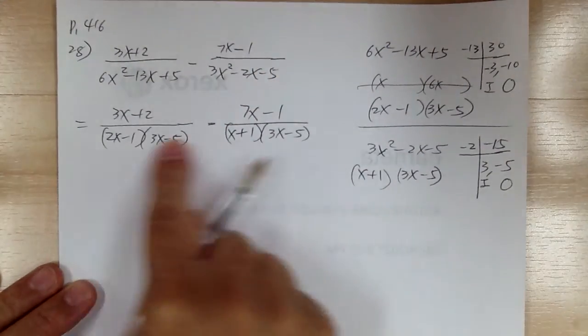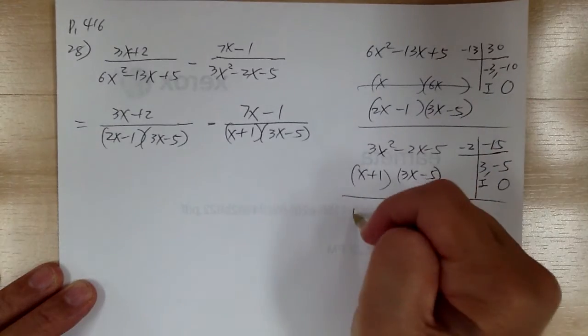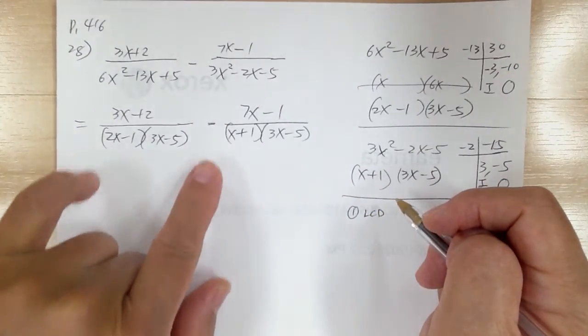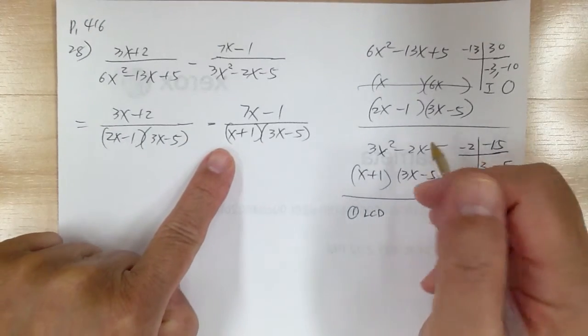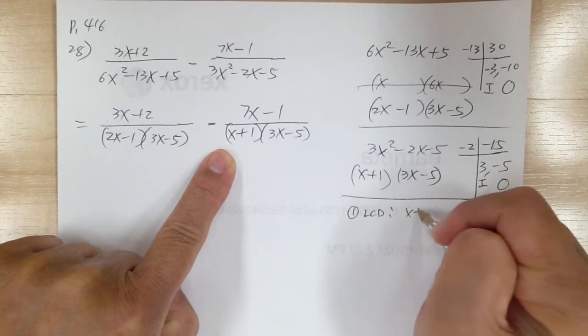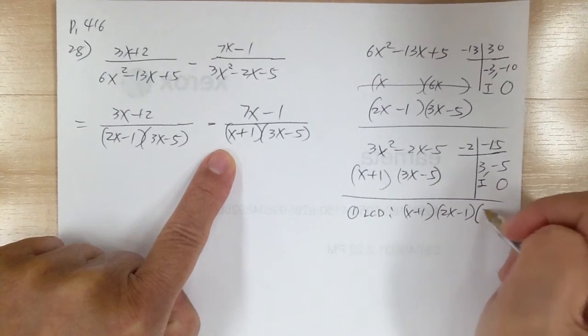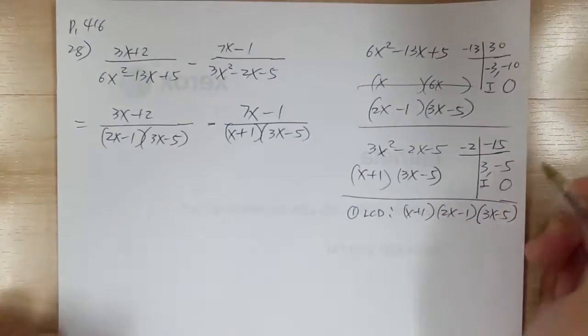Okay, so now we can get the LCD. So your LCD would be, you can go down, number, alphabet, the group. The group, you're going to get x plus 1, 2x minus 1, and 3x minus 5.